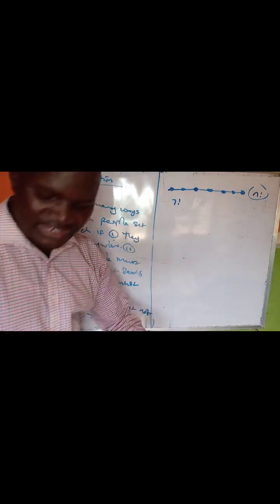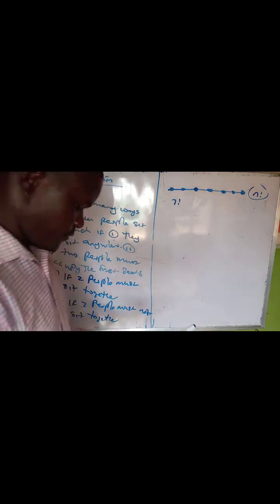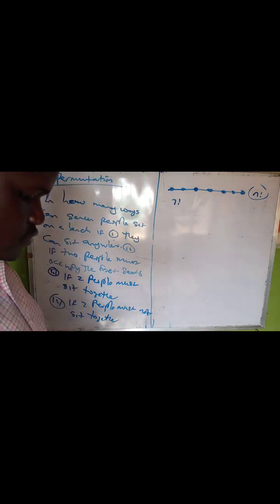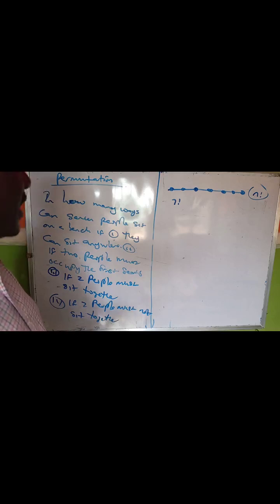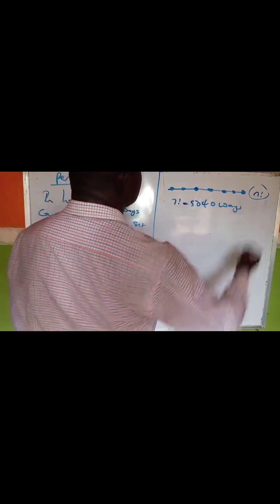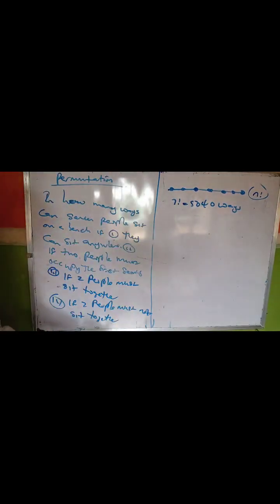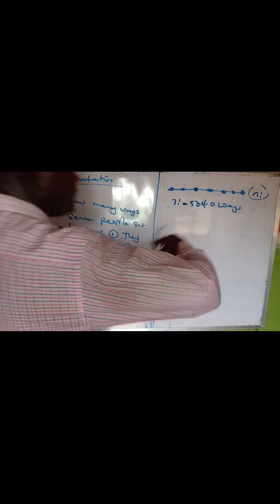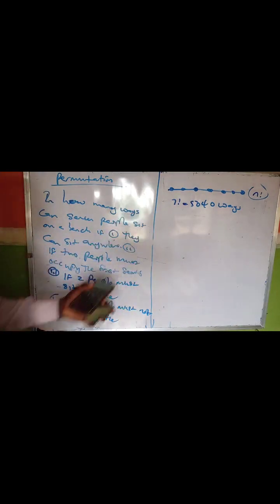The factorial key is on your calculator, and 7 factorial here is 5040. That is how many ways 7 people can sit if they can sit anywhere.